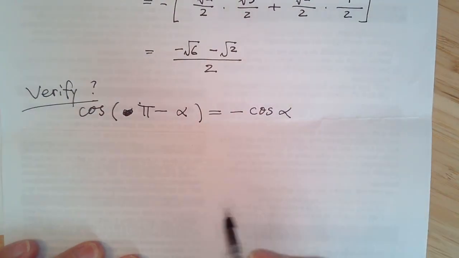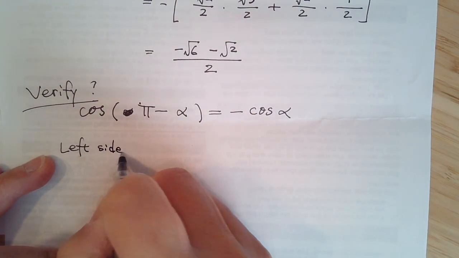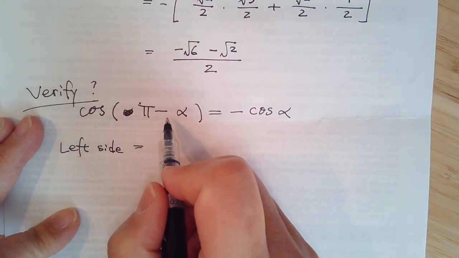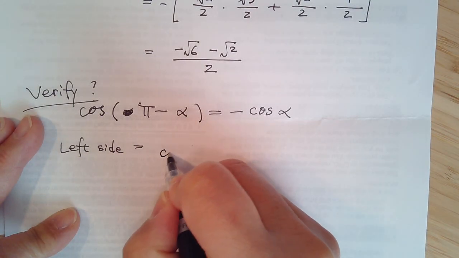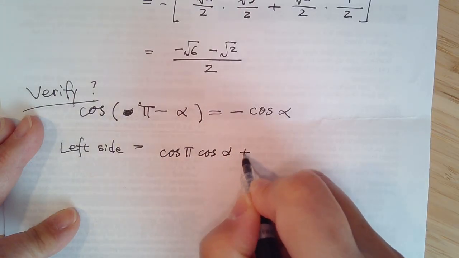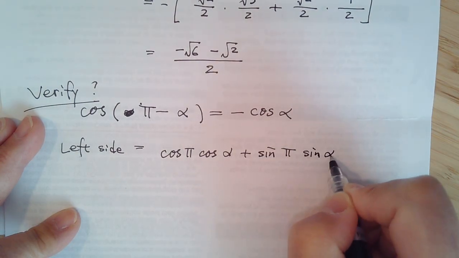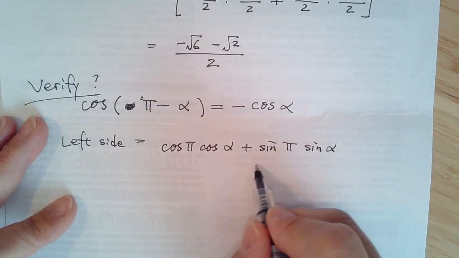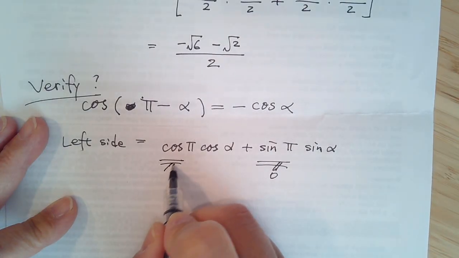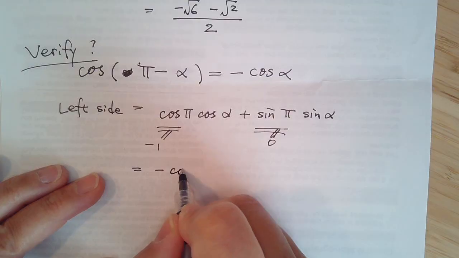So the left side is cosine of angle minus another angle, so I get cosine pi cosine alpha plus sine pi sine alpha. You agree? Then you know sine pi is 0 and cosine pi is negative 1. So that will be just negative cosine alpha.